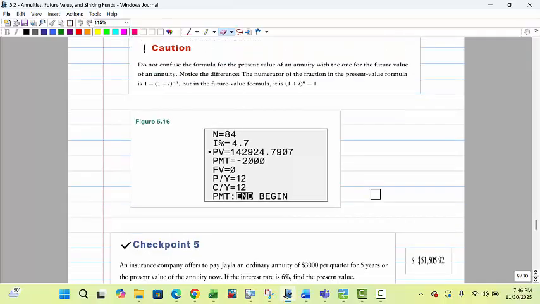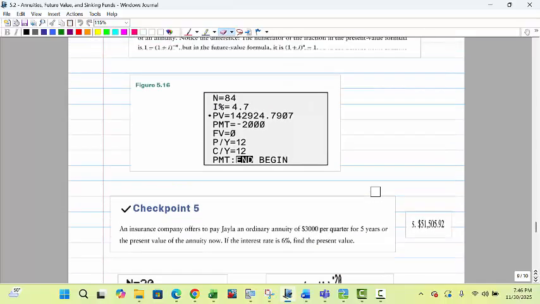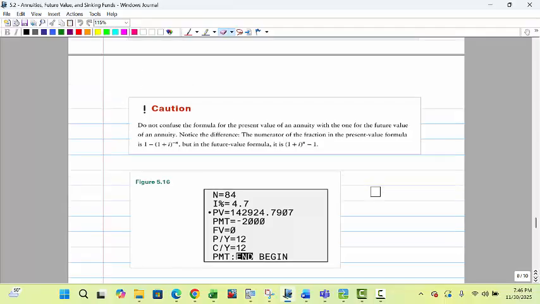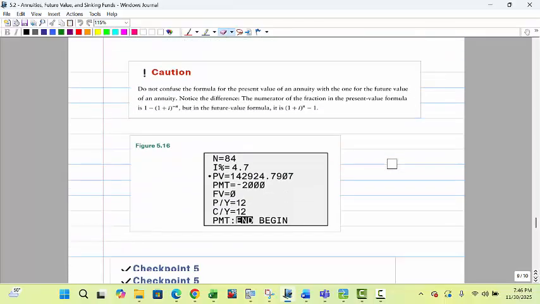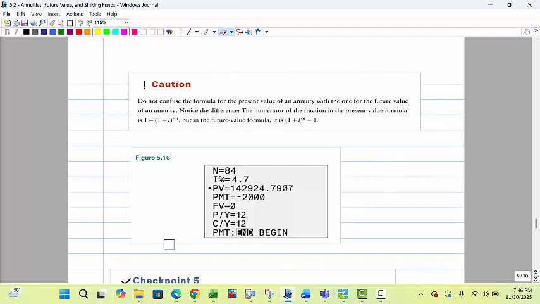Okay. So this one is, we'll do the calculator next, but I don't know where I got this from. Must be for some example I didn't copy or whatever the case being, but I can sort of tell you what happened here. There were 84 total payments. So you see these two numbers are 12, so that means it was for 7 years. 12 payments a year for 7 years.